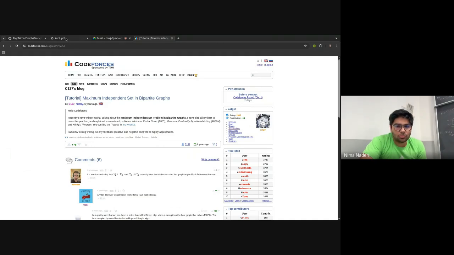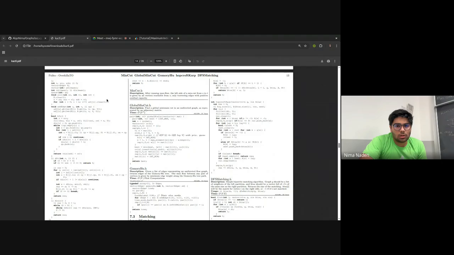That's true. Okay, so that's an equality, right? This is only valid for bipartite graphs.